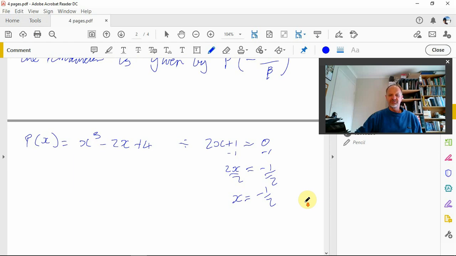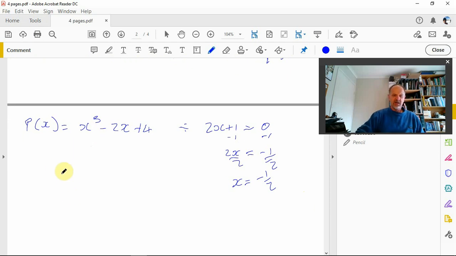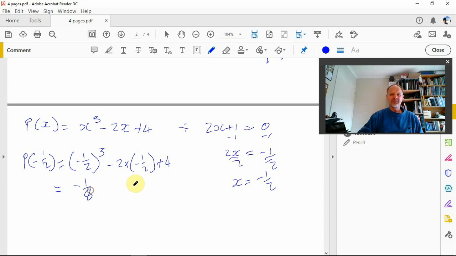So to find the remainder, I'm going to go P of negative a half. And so negative a half cubed minus 2 times negative a half plus 4. Negative a half cubed is negative 1/8. 2 times negative a half, a negative times a negative is plus, so plus 2 times half of 1, plus 4.